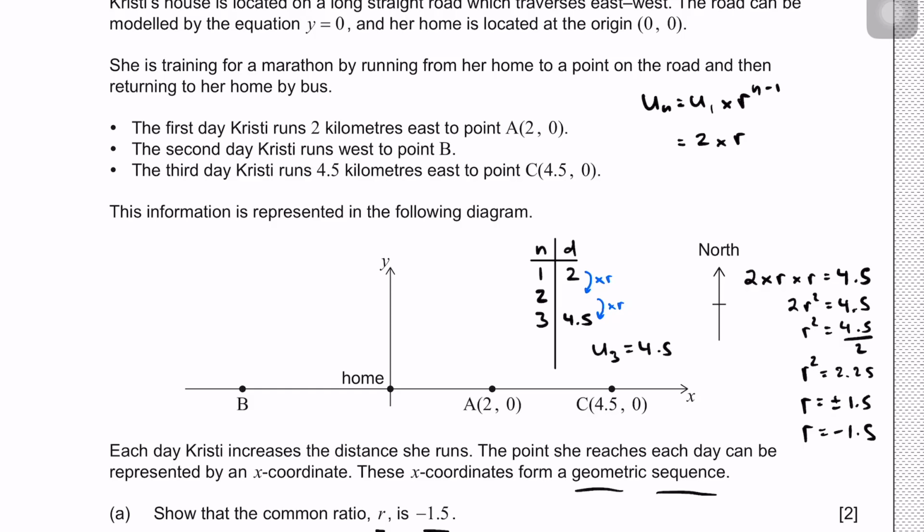So essentially we know that 4.5, which is the value of u3 here, is equal to 2 times r to the power of n minus 1, in this case n is equal to 3 at that time. 3 minus 1, and then once again we have this idea of 4 is equal to 2r squared. And then the answer, once again, r is equal to plus or minus 1.5.